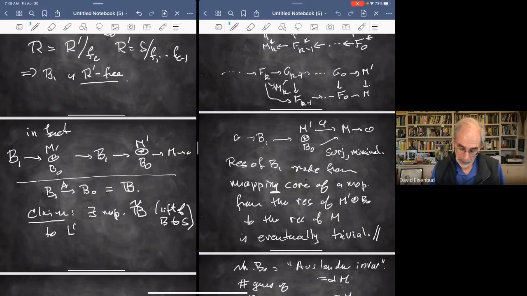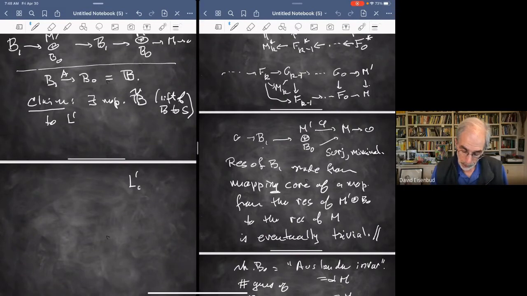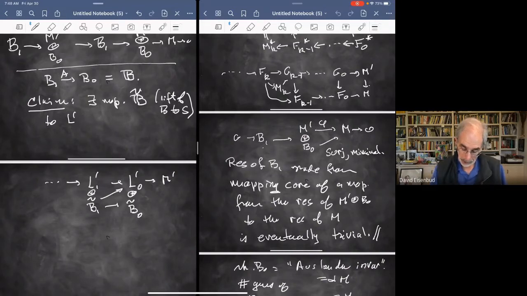So what it looks like is L prime 0. This is a resolution of M prime, by hypothesis. L prime 1, etc. And now I can take B 0 tilde, that's the lift to S, B1 tilde, and a map. And I claim that there's a map here that makes this into a nice complex.